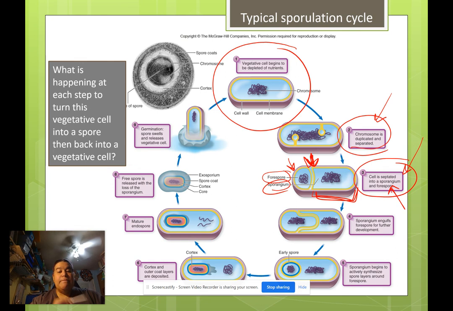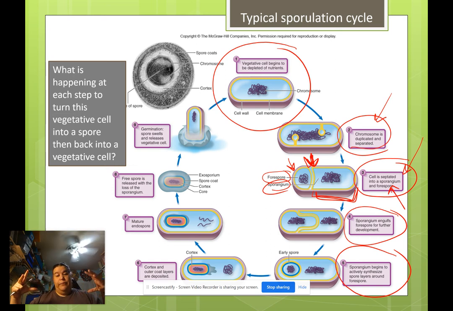The sporangium, the bigger half, is going to engulf the forespore. It's basically going to surround it, and that's going to allow the next steps to occur, further development to occur. So the sporangium begins to actively synthesize the layers of the spore around the forespore. So I'm making layers of protection.